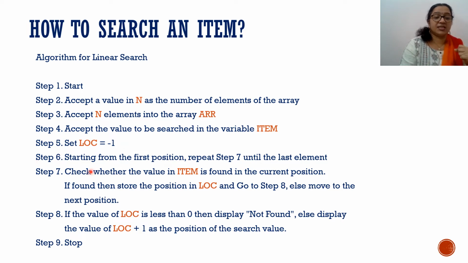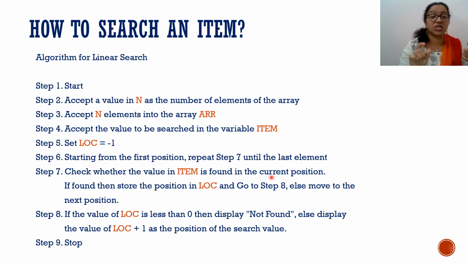Then step 6. Starting from the first position onwards, we want to repeat step 7, until the last element. We want to start from the first position onwards until the last element. But at the moving time, we want to repeat step 7. What is there in step 7? Check whether the value in item is found in the current position.